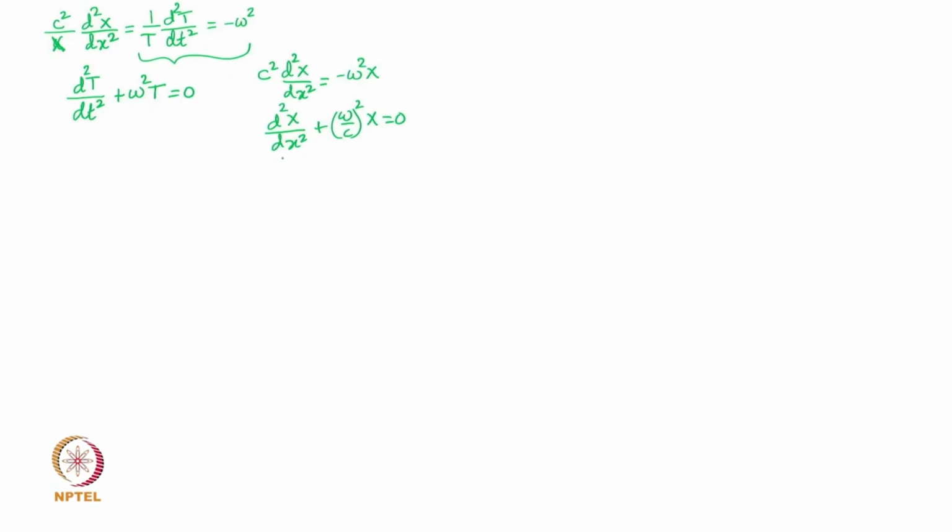So I'm sure that it is quite easy for us to write the corresponding general solution for each of these equations. Now this capital X, which obviously is a function of x, has a general solution going to be a cos(ωx/c) plus b sin(ωx/c). This is very similar to the general solution that we wrote for m x double dot plus k x equal to 0.